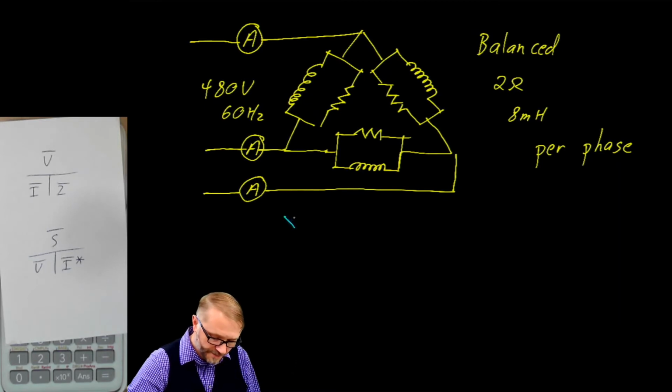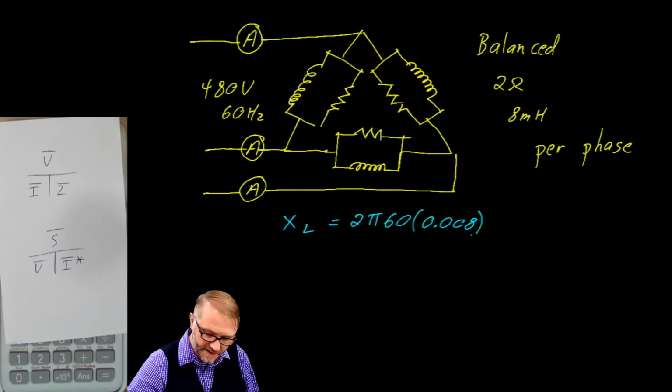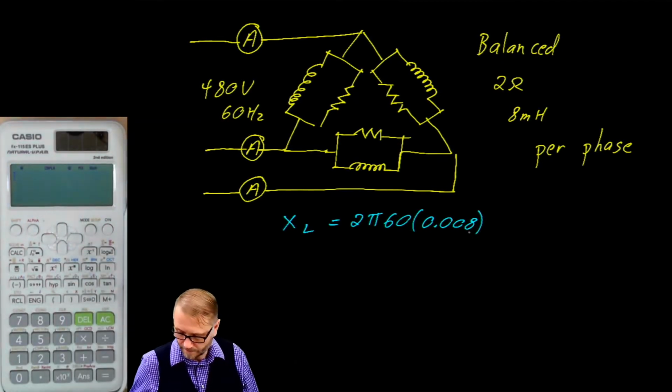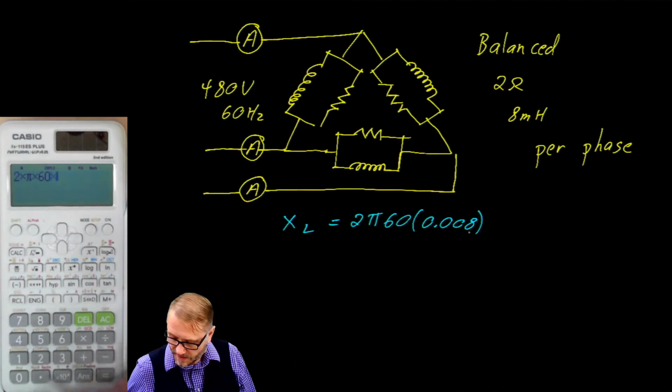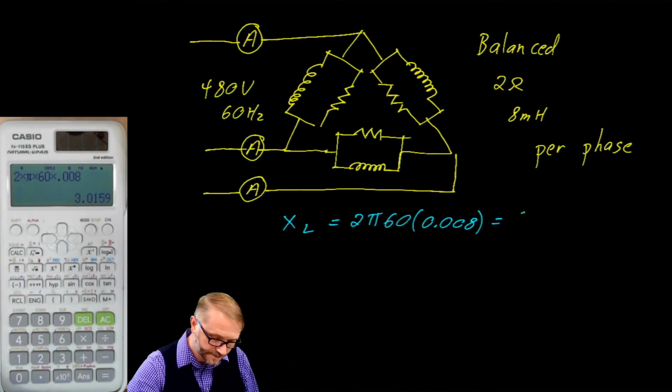Your opening move is to calculate the reactance of the inductors. 2 pi times 60 times 0.008 gives us about 3 ohms.